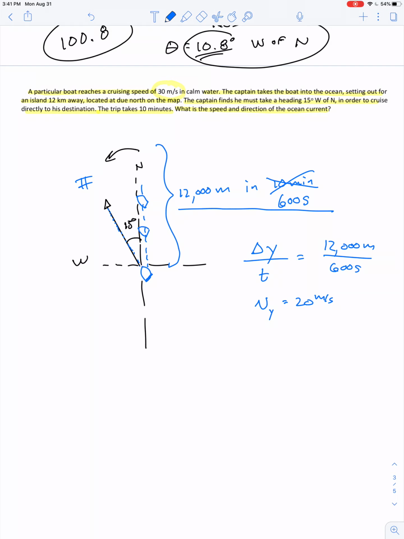Okay, so I think that's really representative of the velocity of the boat with respect to the Earth.